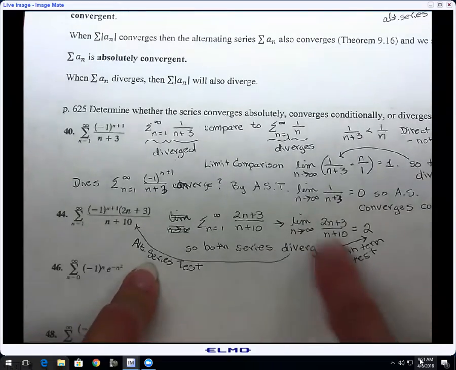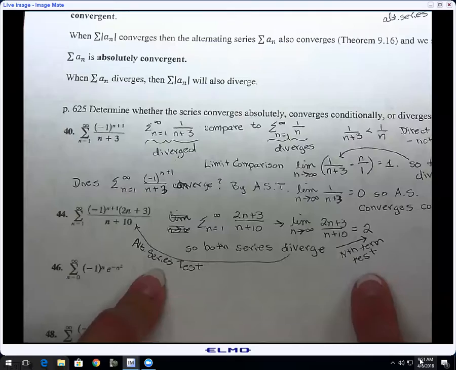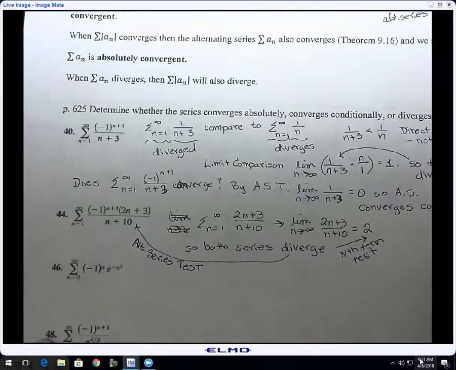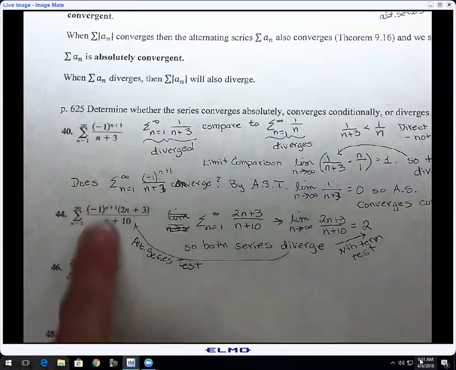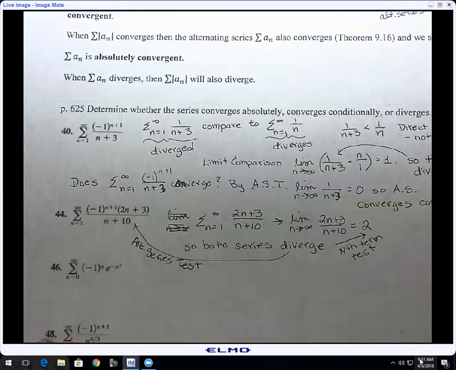That limit not being zero applies to both of those tests. But it applies to the absolute value one as the nth term test, and to that one as the alternating series test.